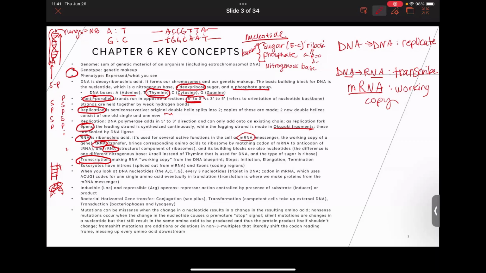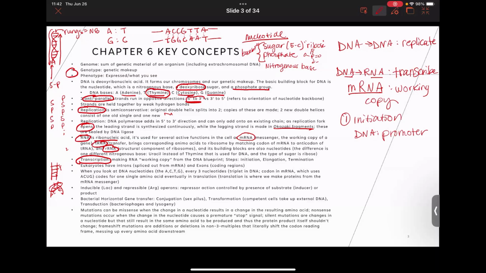And it only happens in 3 steps. The first step is initiation. Easy enough. So where are we starting this? It's always going to start at the same place, at a place on the DNA called the promoter. It promotes the transcription.